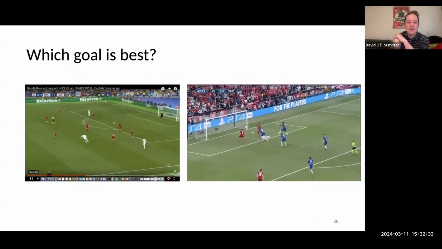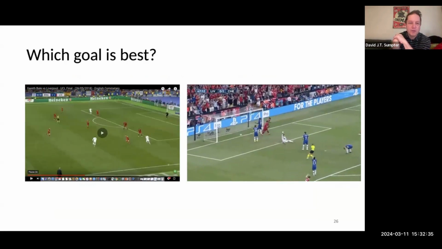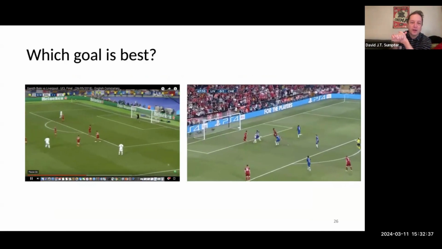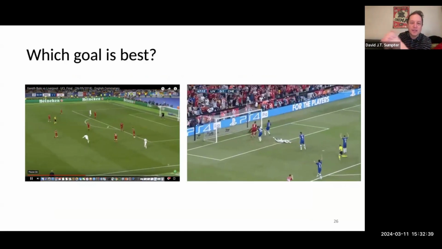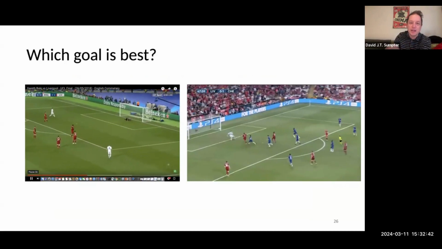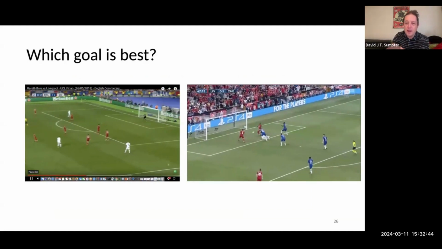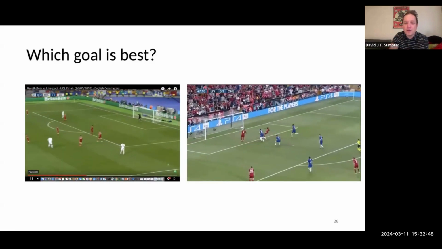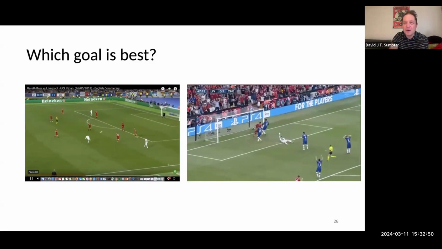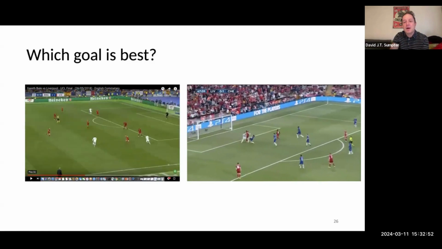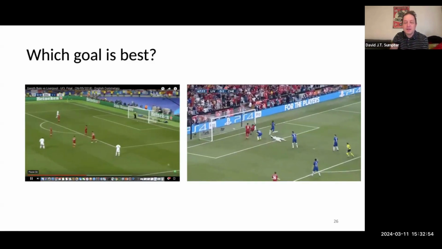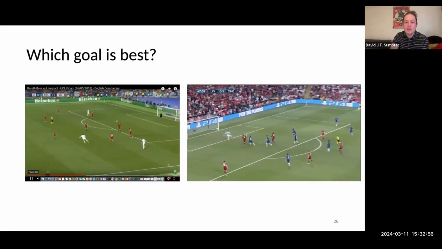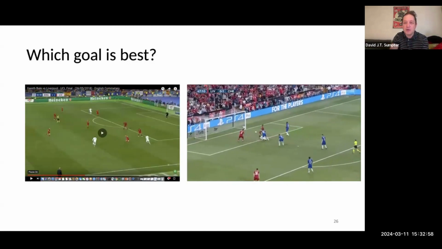So in one sense, the Gareth Bale shot, the one on the left, is a good goal because he manages to score from distance. It's obviously a bit of a mistake by the goalkeeper in this case. And Sadio Mane on the right manages to score from very, very near the goal, where he shouldn't miss. But what we often talk about in football is that the one nearest the goal had the highest expected goals.